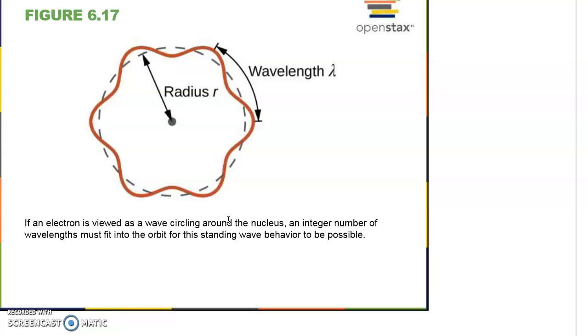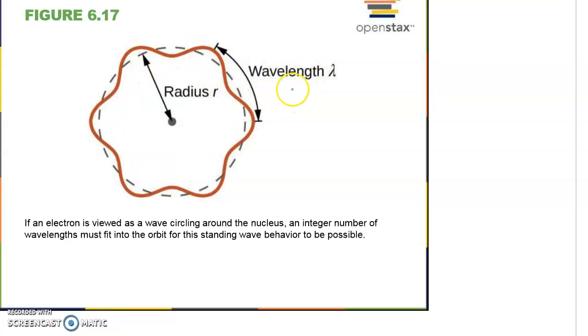The third thing is, actually, this will be the introduction to quantum mechanics. What happened is, according to Bohr, he suggested when an electron moves circling the nucleus, it actually forms a standing wave.